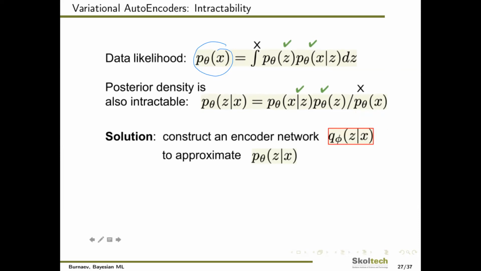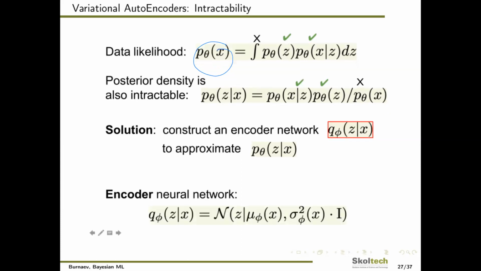As in variational autoencoders, we typically say, okay, let's find another approximation. We need the posterior density, some distribution of Z given X, so let's learn another model, an encoder network related to this distribution. We hope that this Q will be a good approximation.